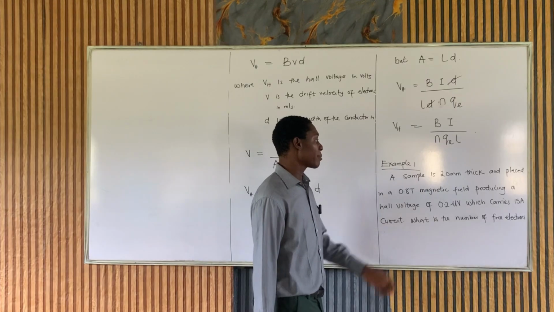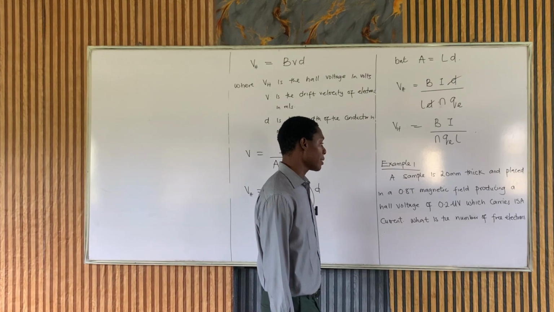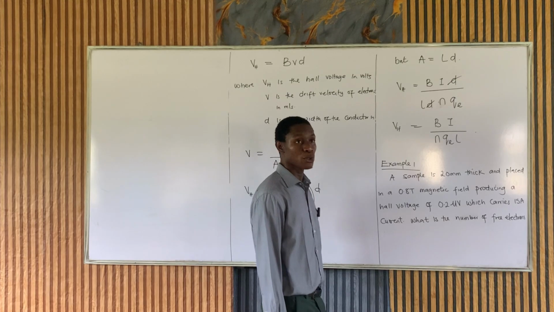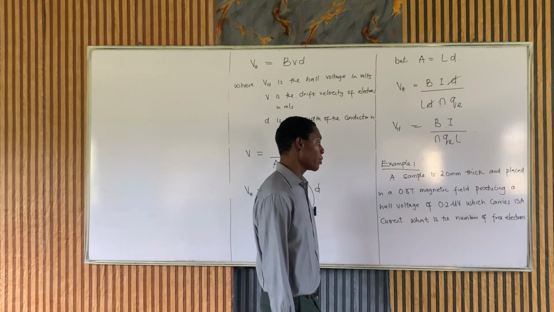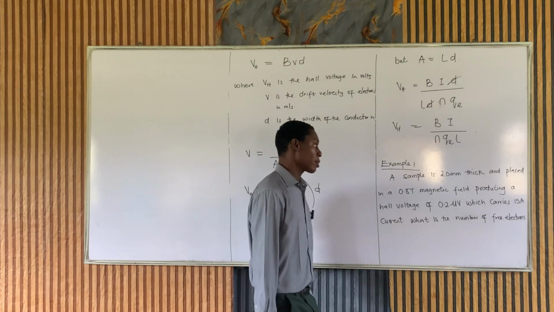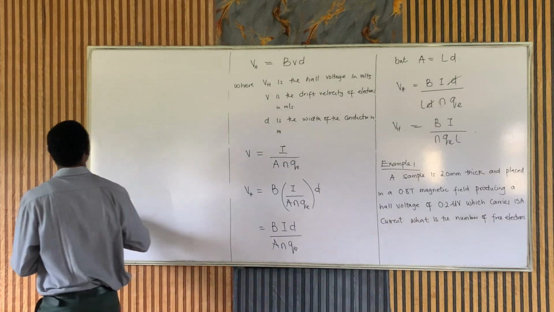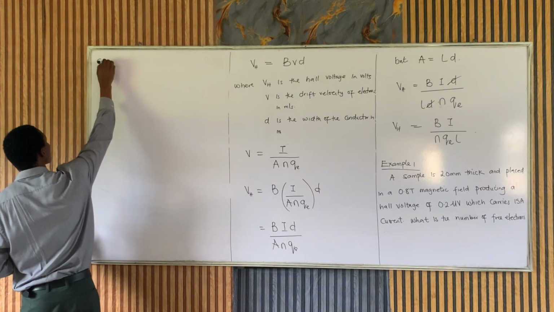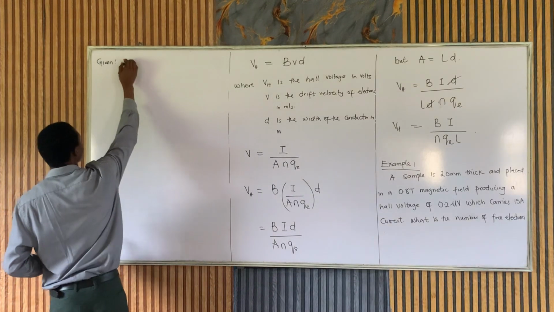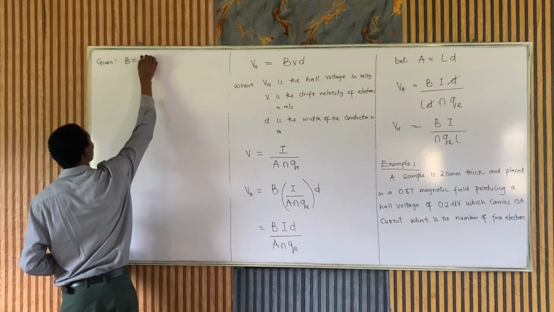A sample is 20 mm thick and placed in a 0.8 Tesla magnetic field, producing a Hall voltage of 0.2 microvolts, which carries 15 ampere current. What's the number of free electrons? So we're looking for N. So what are we given here? Firstly, we are given the magnetic field, 0.8 Tesla.